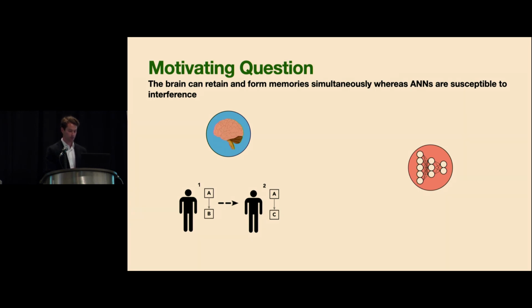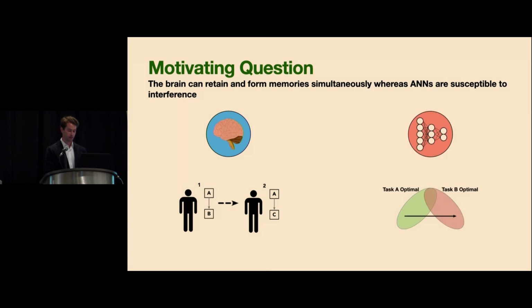By contrast, artificial neural systems are susceptible to memory interference. For instance, a network trained to optimality on one task will see that memory completely eroded as it is trained on a new task. This divergence between biological and artificial neural systems presents both a question and an opportunity.